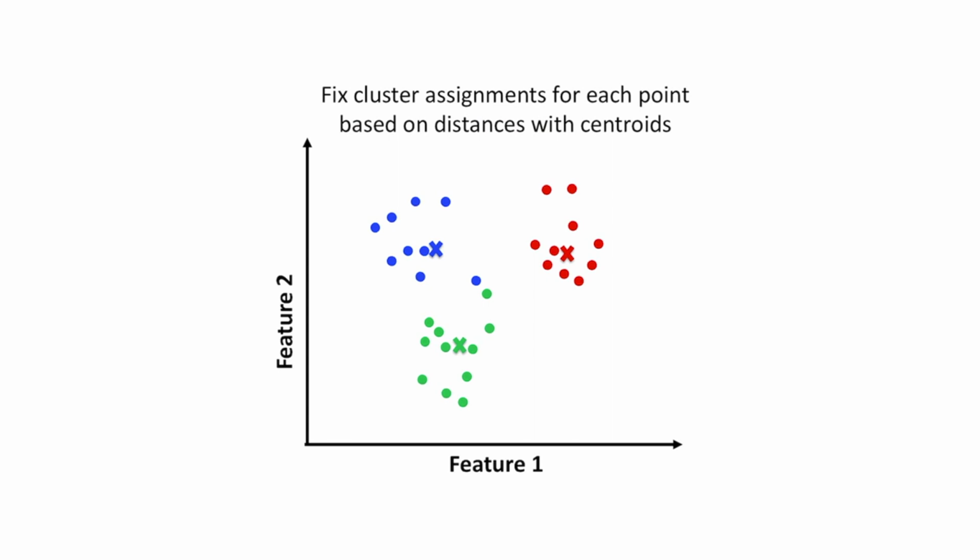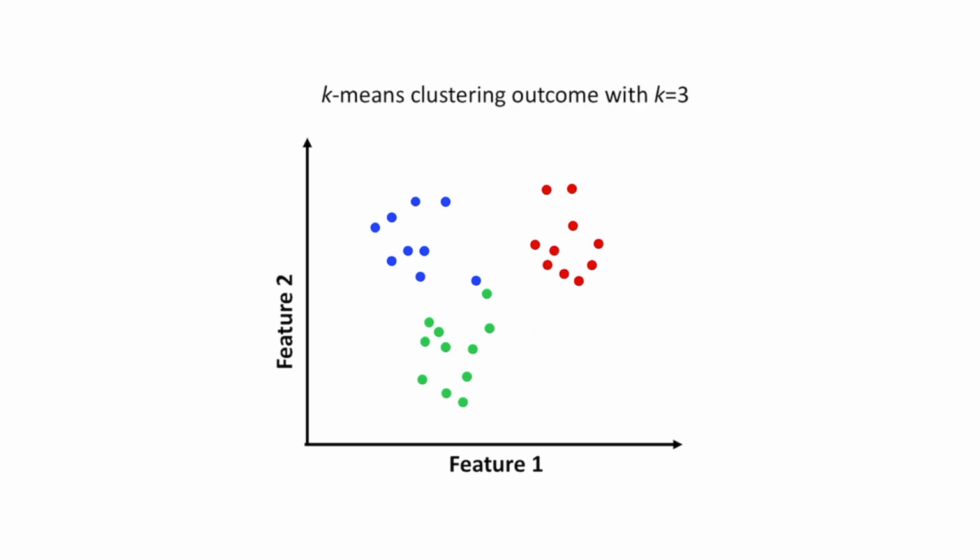Similarly, for all the points in the green cluster, if that green cluster is itemized as cluster 3, all those green points will be given a cluster ID of 3. So finally, k-means for k equals 3 for this particular data set will provide this clustering result.